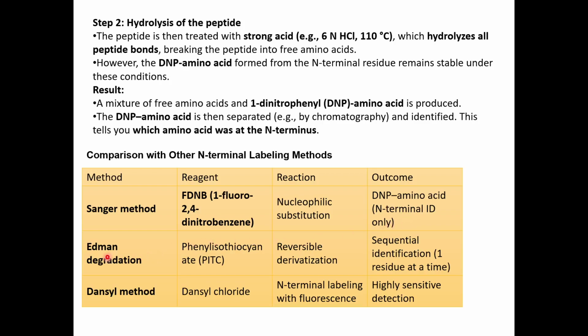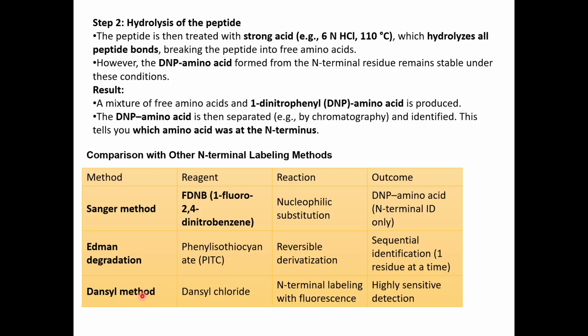And in the previous case, that is the Edman degradation, we have PITC as the reagent, and it is a reversible derivatization. Then here we can have a sequential identification of each amino acid in the peptide, because here the cleavage is of only one residue at a time. So after each round, we will get to know sequentially what is the next amino acid.